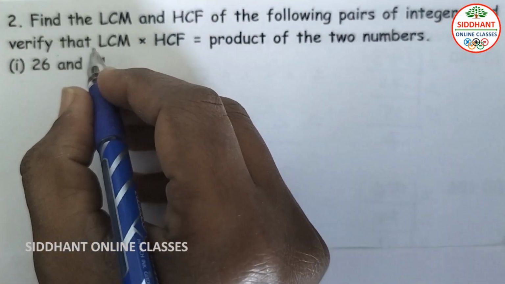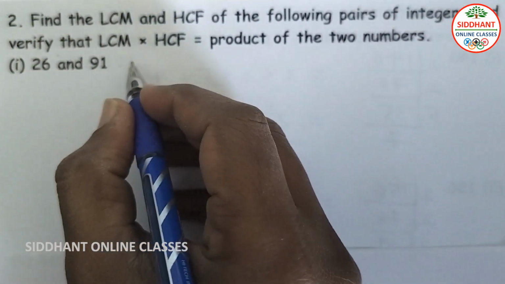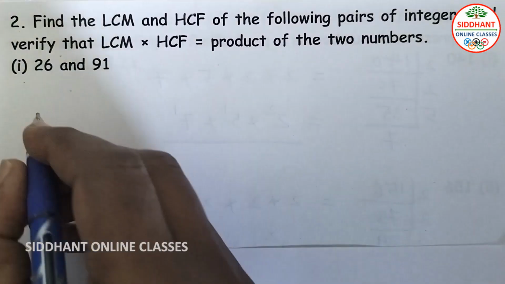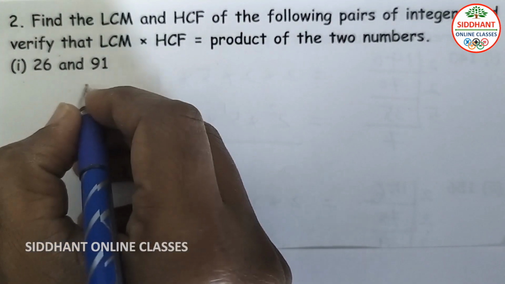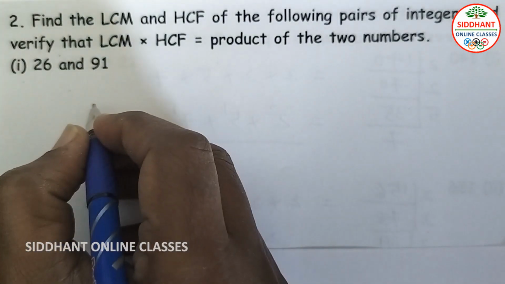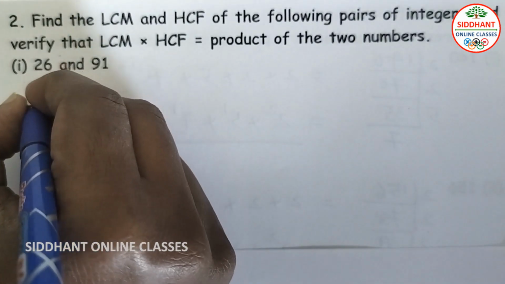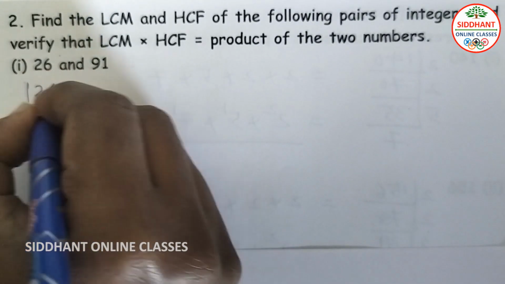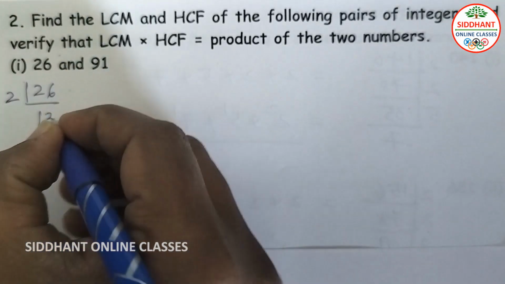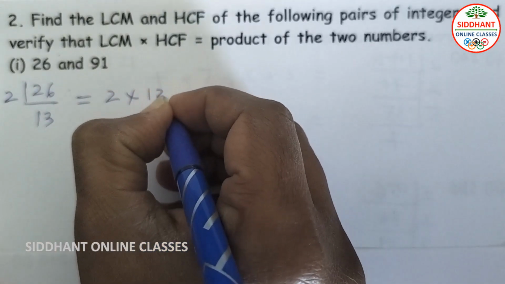Question number 2. Find the LCM and HCF of the following pairs of integers and verify that LCM into HCF is equal to the product of the two numbers. The numbers given are 26 and 91. First we simplify to find the LCM and HCF. 26 divides by 2 and we get 13, so the factors are 2 into 13.